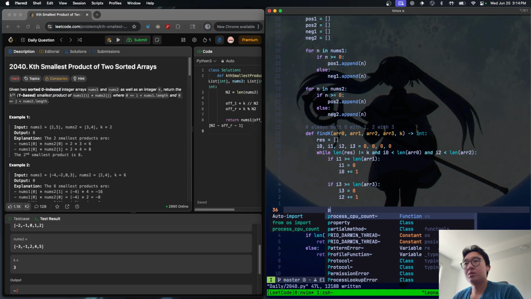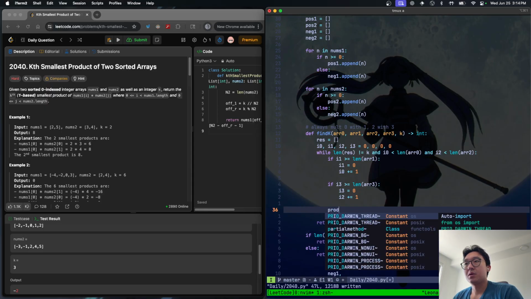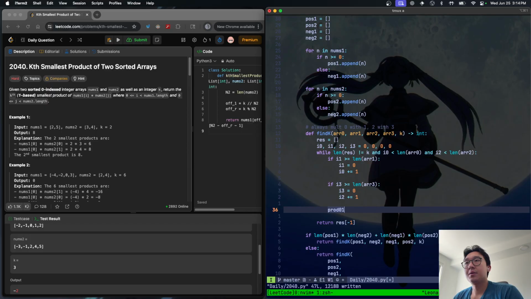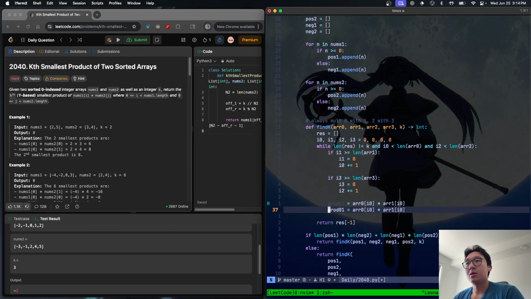those products, prod 0, 1 is equal to array 0 index I0 times array 1 index I1, and then prod 2, 3 is equal to array 2 index I2 times array 3 index I3.